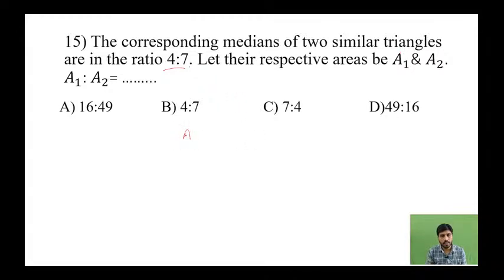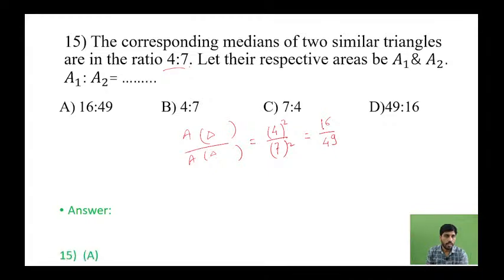We know again, the ratio of corresponding sides is given. So we need to take the square of both numerator and denominator, which is 4 square is 16 and 7 square is 49. A is the correct option.